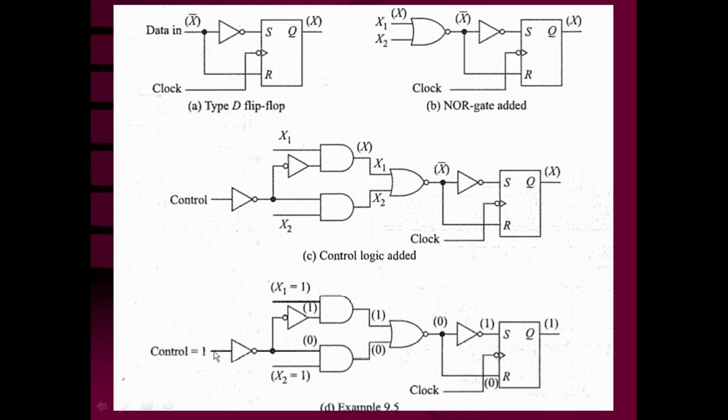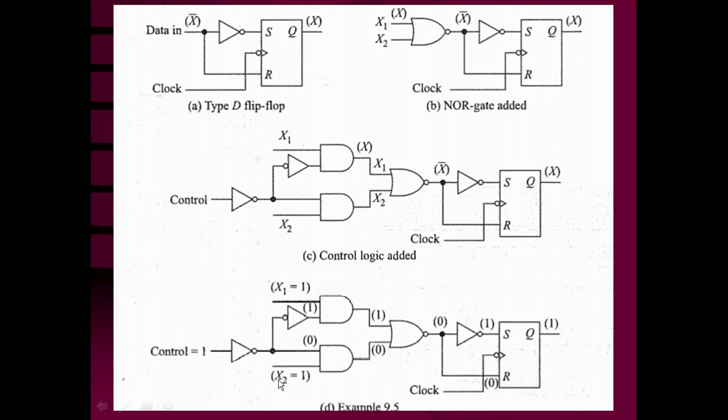So, in this circuit, if I consider that the control line is low, 0, what happens? The output of this inverter is going to be 1. That means for this AND gate, one of the inputs is going to be high, while for the other AND gate, an input is going to be low. So this AND gate is going to be disabled, and its output is going to be 0. So the upper leg of the NOR gate is going to be at ground level.